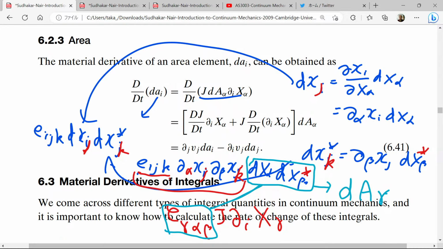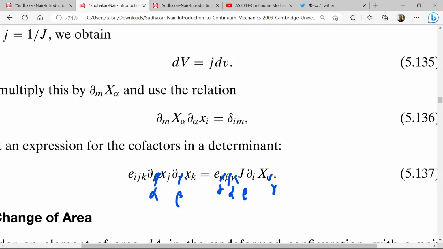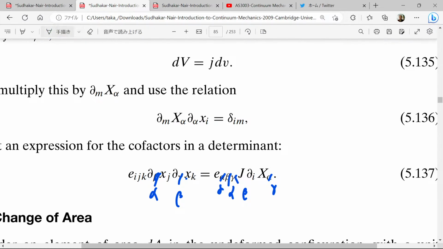Why is this gamma? See, we can just follow this one.